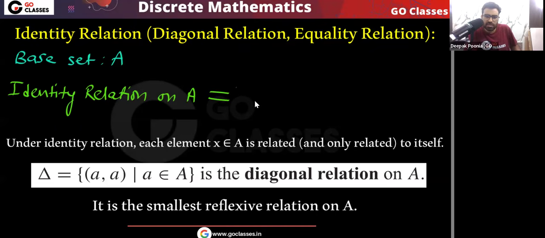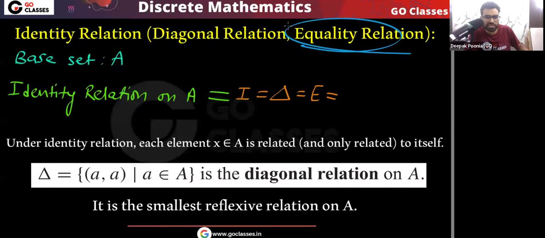You can write it using the symbol I, or the symbol delta, or the symbol E, because identity relation is also called diagonal relation and equality relation. So these symbols you can use.